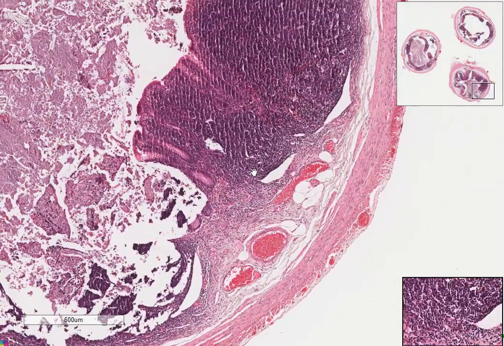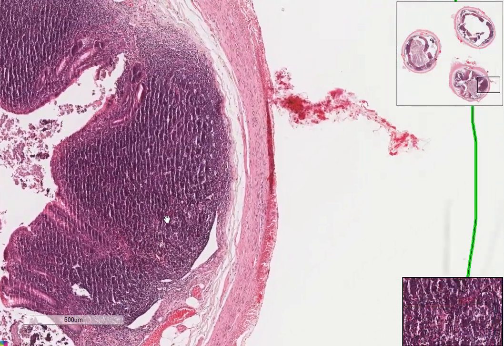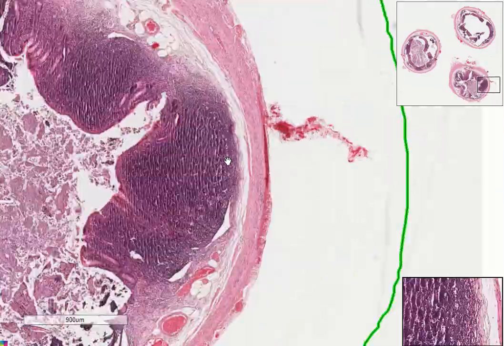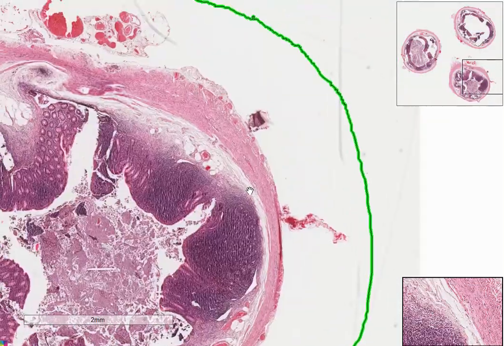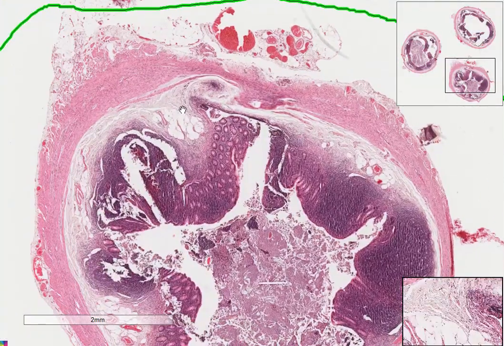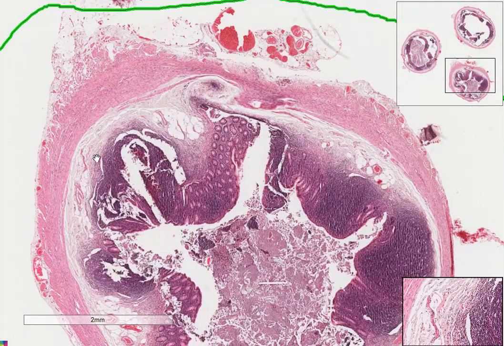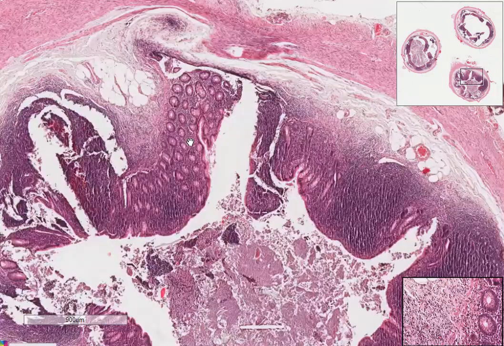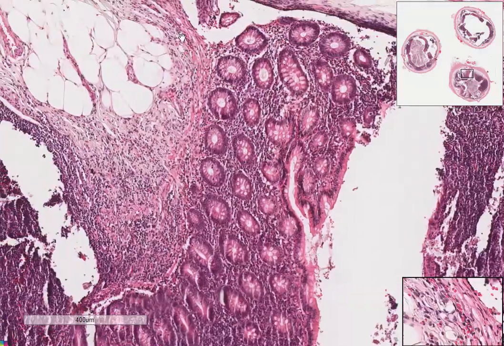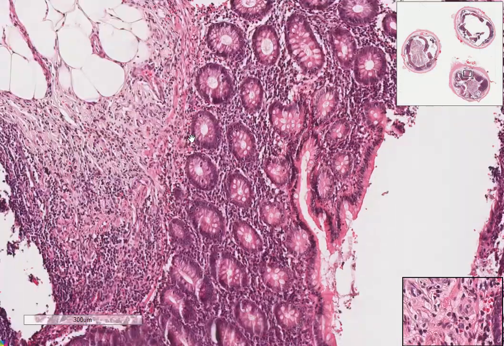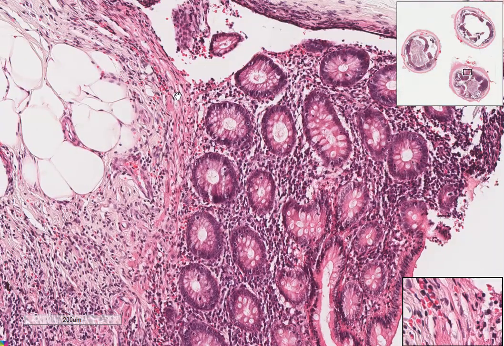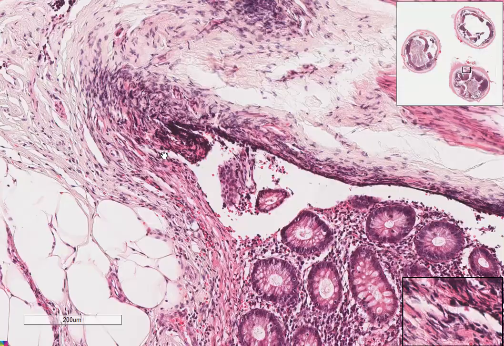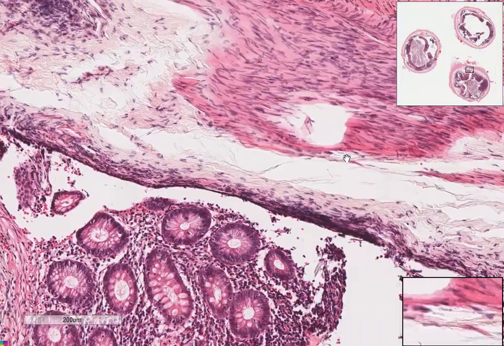And then deep to the lamina propria, we've got the submucosa, which is this area here. And then deep to the submucosa, we've got the muscularis propria. I forgot to show you the muscularis mucosa, which is this one here, lined by smooth muscle, a thin smooth muscle band, which is all this.